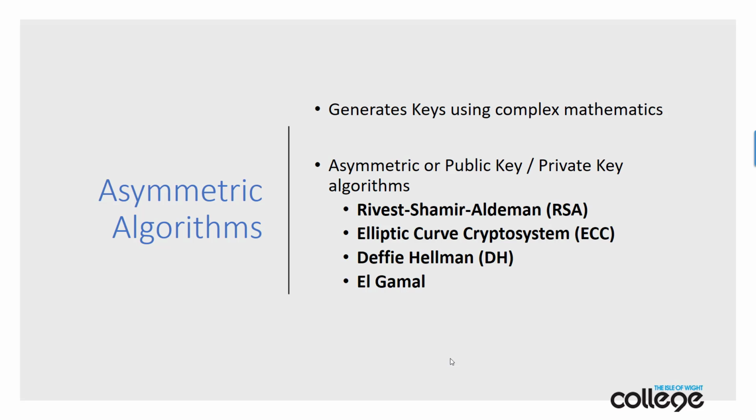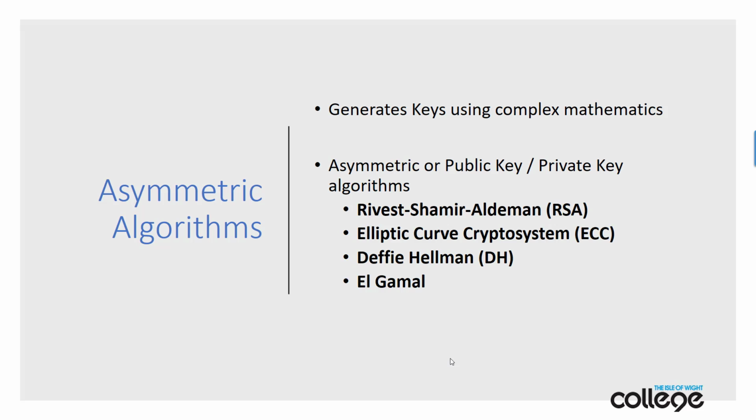Then we get elliptic curve cryptosystems, based around the complicated mathematics of a curve. Then we get Diffie-Hellman and ElGamal. If you can remember one other name, but definitely remember Rivest-Shamir-Adleman, RSA, and one other, you'll be fine for what we need for our unit.